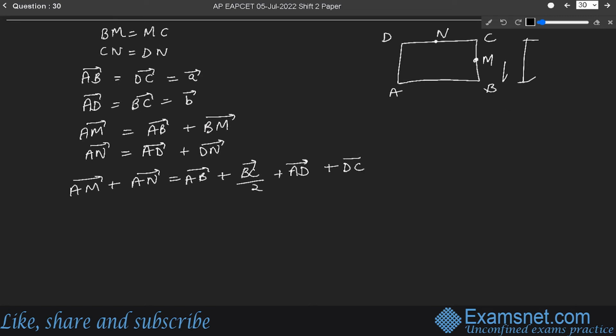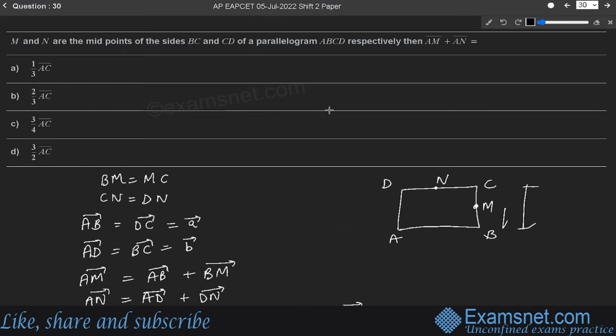So it will be plus DC vector upon 2, which will be equal to 3 by 2 into AB vector plus BC vector, which is equal to 3 by 2 into AC vector. This is the required value for AM vector plus AN vector. Therefore, we can say that the correct option here is 3 by 2 into AC vector, which is option number D here.